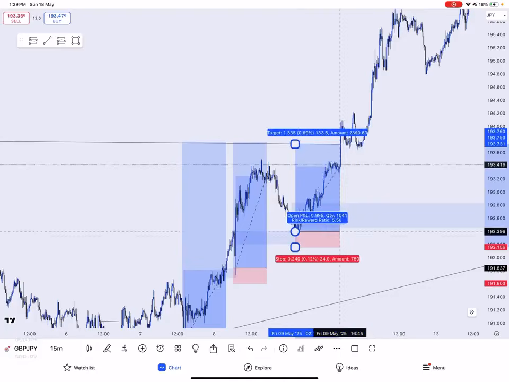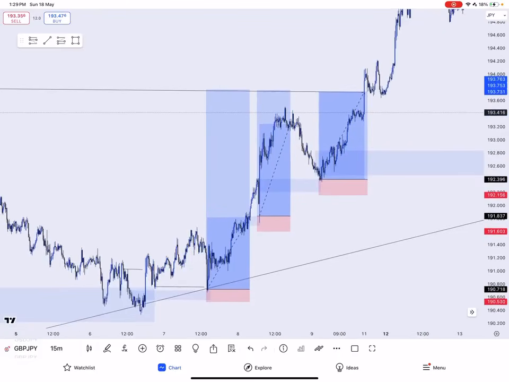Still aiming to take out the 4 hours high. So I will keep looking for buys until the market completes the cycle of an uptrend, which is it making a new higher high. So I knew that the directional bias of GJ as of that time was bullish. There was no point in me looking for sells until the market completes the cycle of the uptrend.